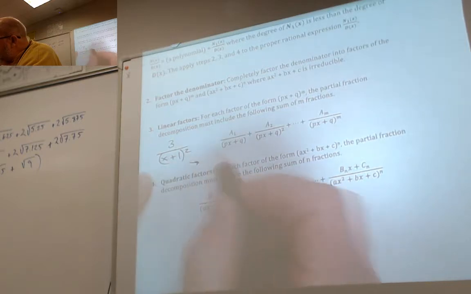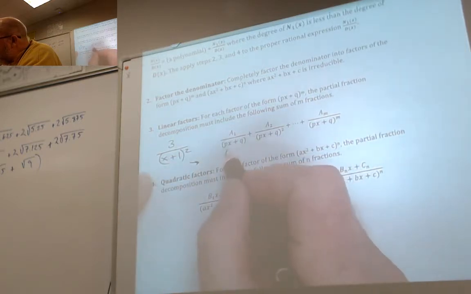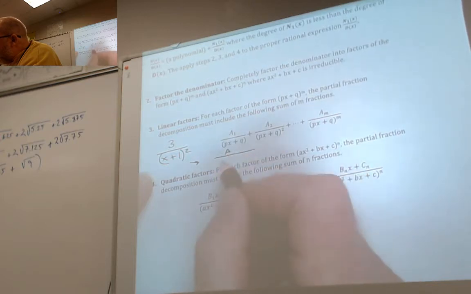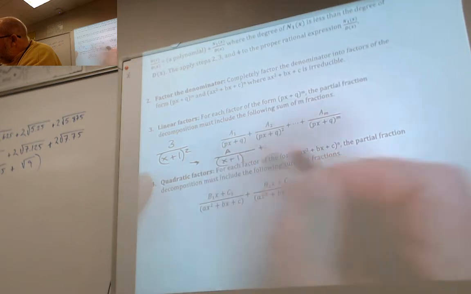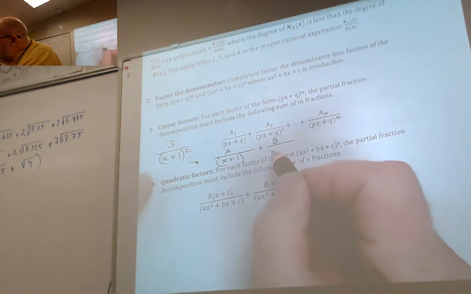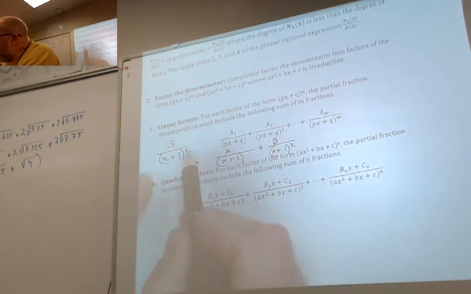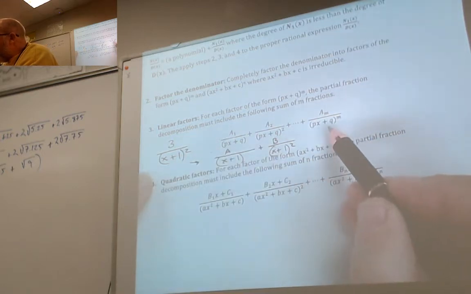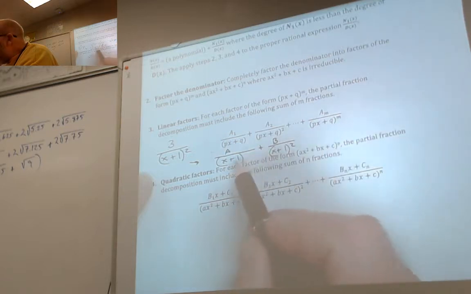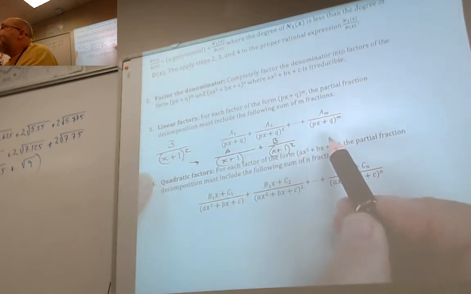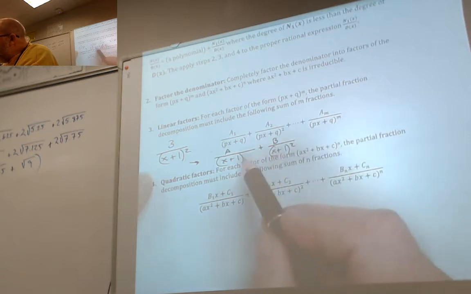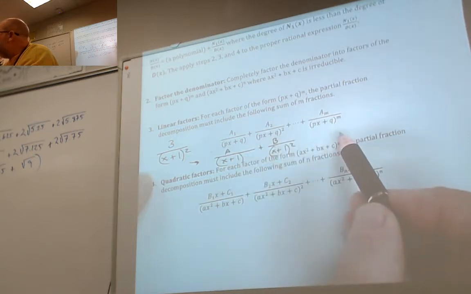I'm going to break it up into two fractions, and it's going to make more sense in a bit, as a over x plus 1 plus another number, they call it a2 here, I call it b, over x plus 1 squared. If this was cubed, you would go another one, c over x plus 1 cubed. So you have all the powers leading from 1 up to your greatest power.